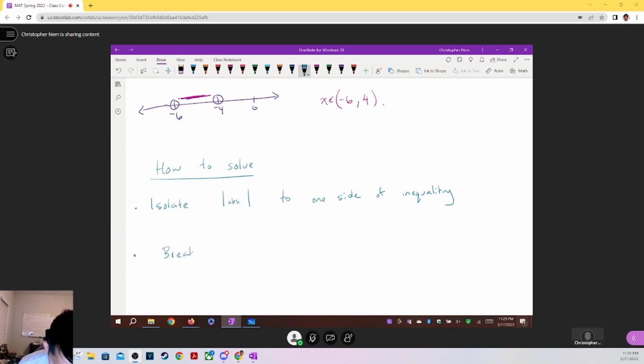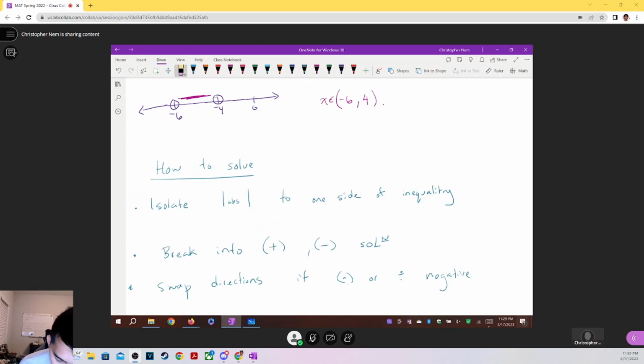Break into positive and negative solutions. Swap directions if multiplying or dividing by a negative to both sides.